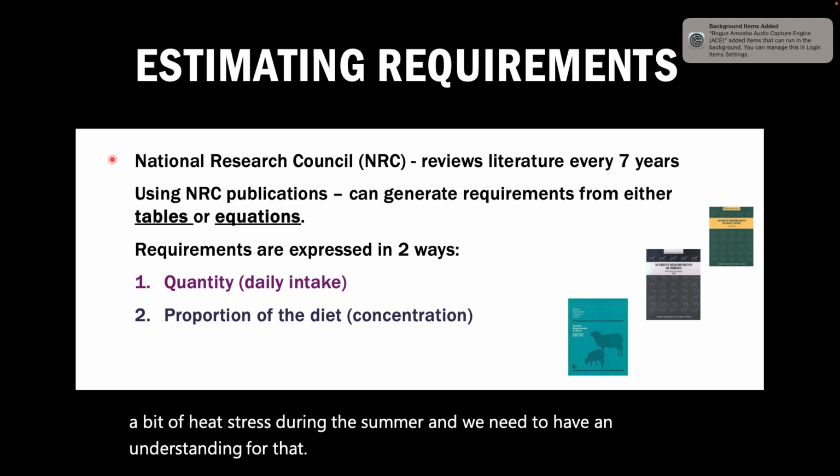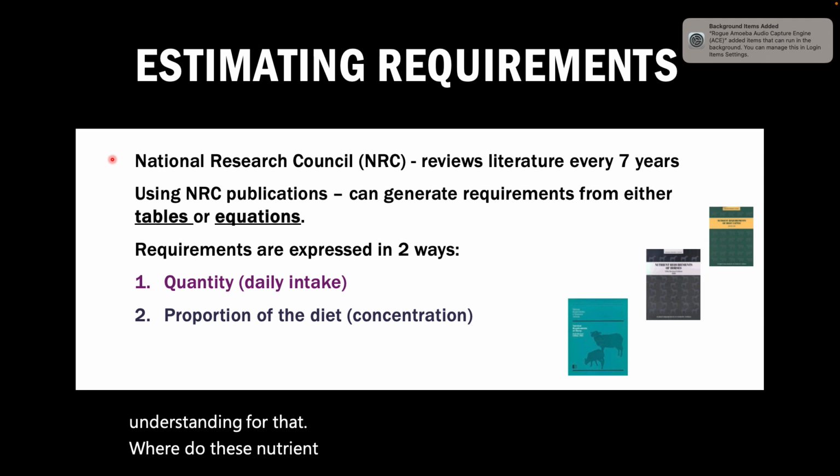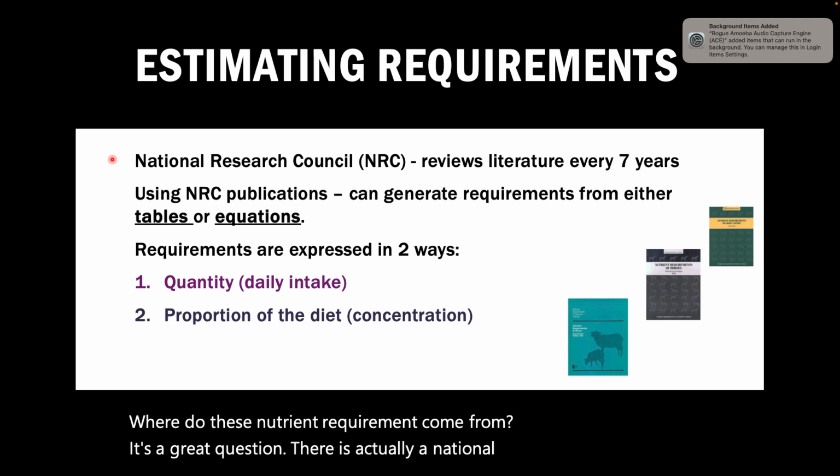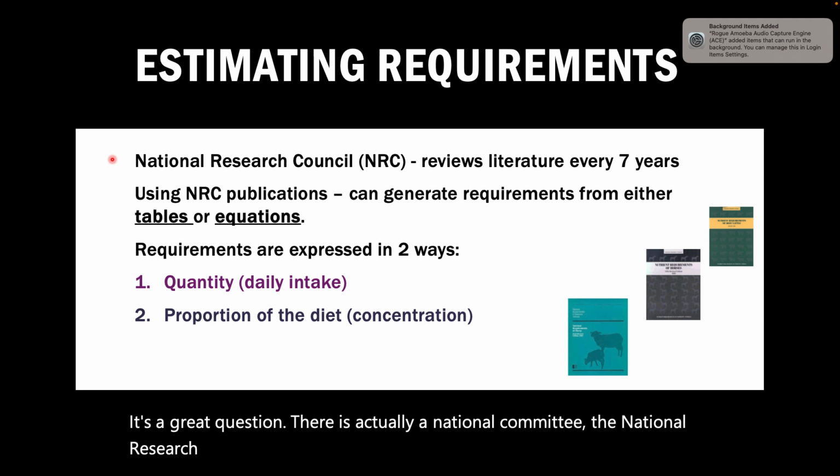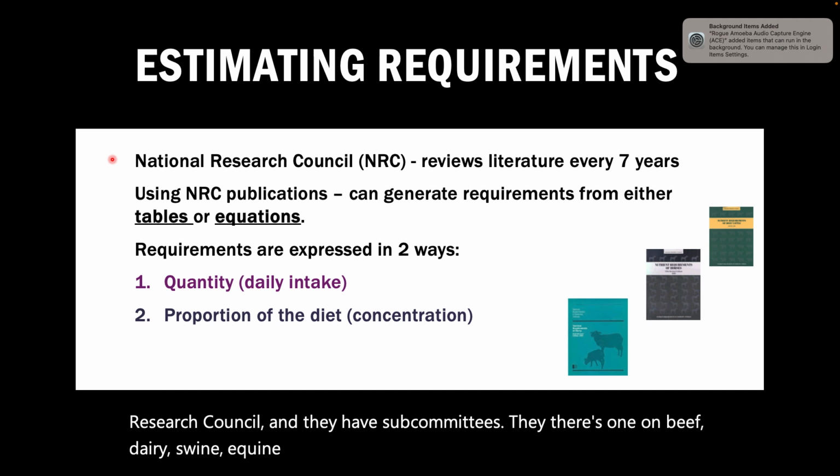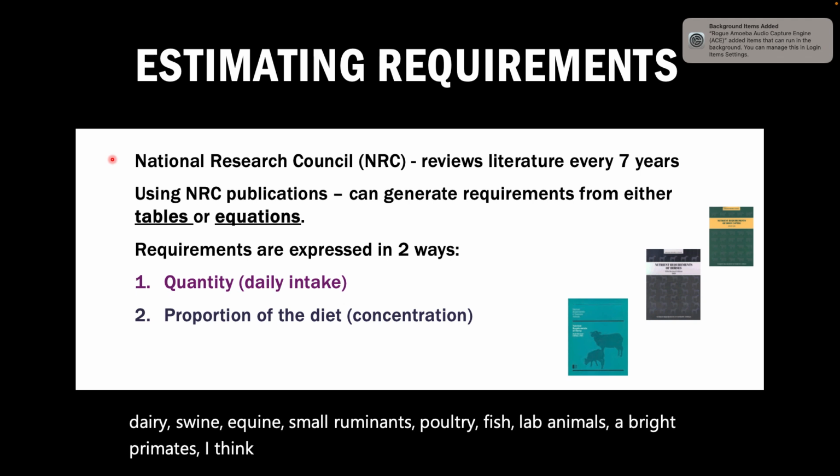Where do these nutrient requirements come from? It's a great question. There is actually a national committee, the National Research Council, and they have subcommittees. There's one on beef, dairy, swine, equine, small ruminants, poultry, fish, lab animals, a variety, primates I think too, or even a subcommittee.